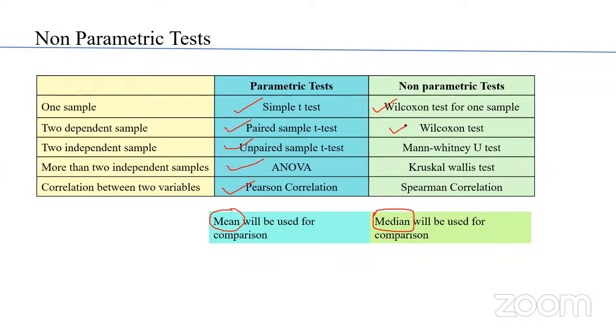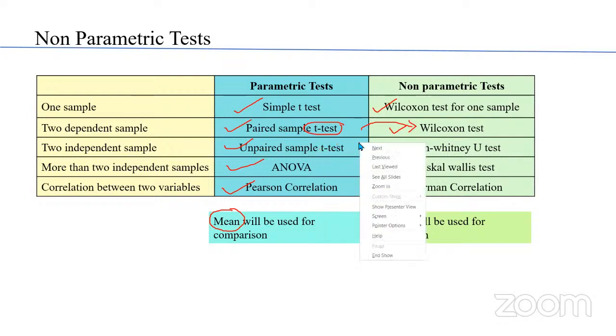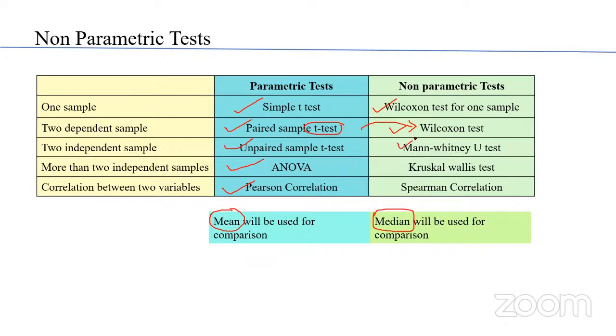If it is two dependent samples, so paired, as a substitution for the paired t-test, we go for the Wilcoxon test. And for the unpaired sample t-test, we go for the Mann-Whitney U-test. And for ANOVA, the replacement in non-parametric tests is the Kruskal-Wallis test. And correlation, we usually find out with Spearman correlation in terms of non-parametric.